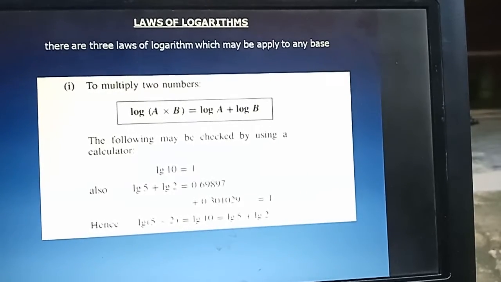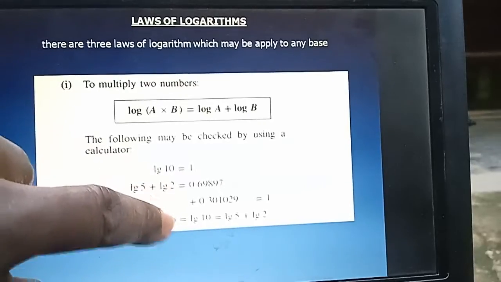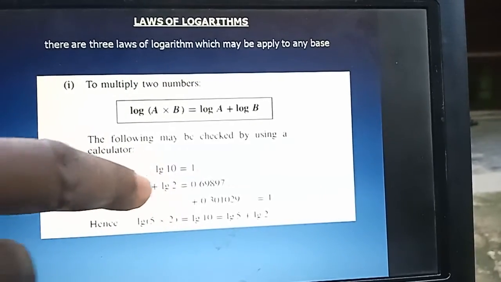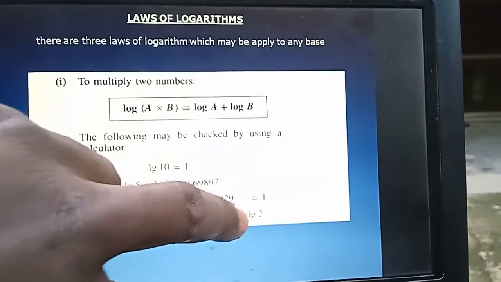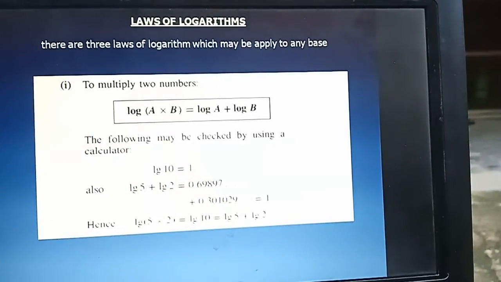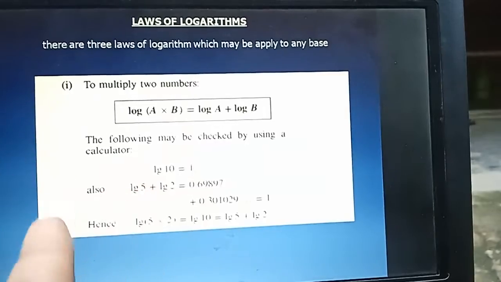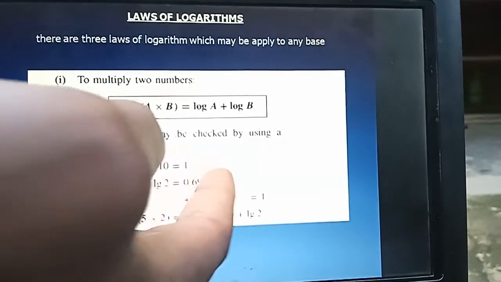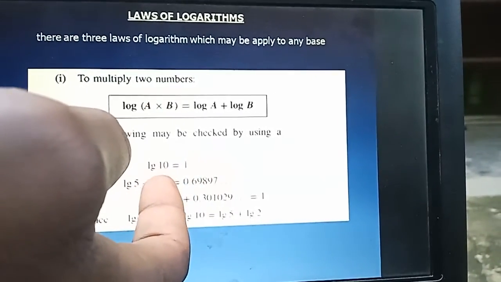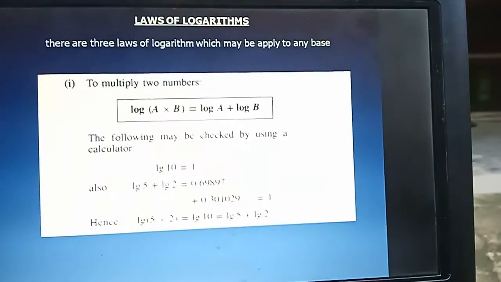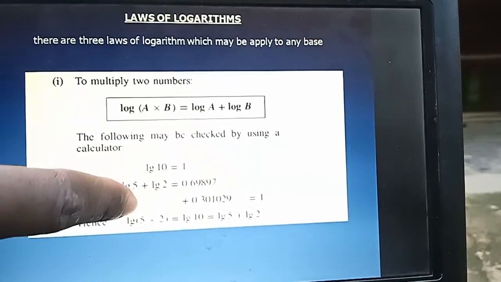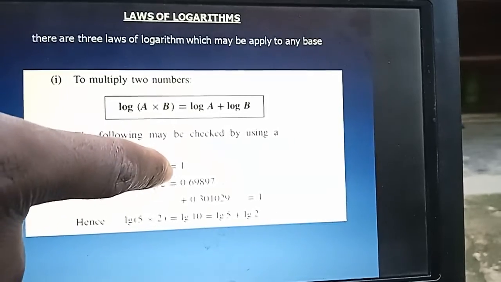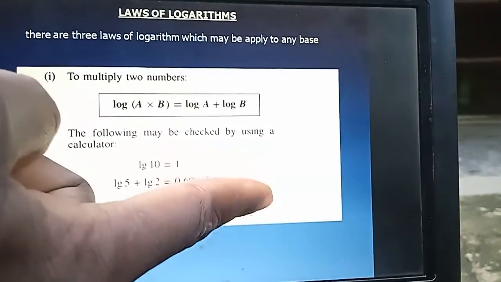Our 10 here is log 5 plus log 2. It will give you 1, which is the same thing as this. When you press log 2 on your calculator, it will give you this. In short, when you press log 10 on the calculator, it will give you 1.